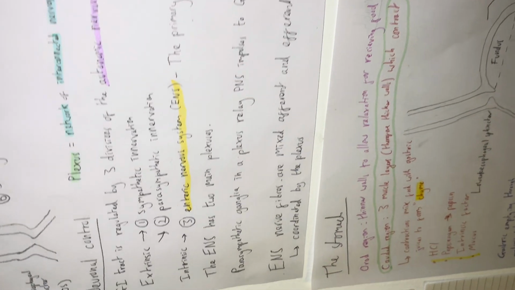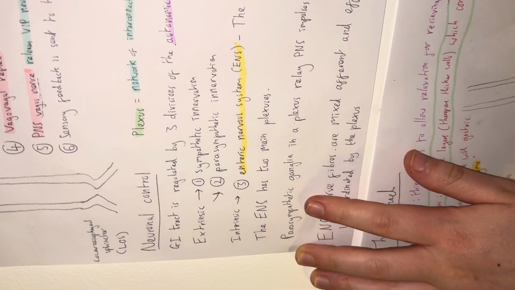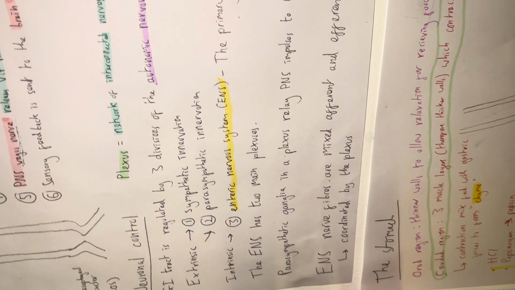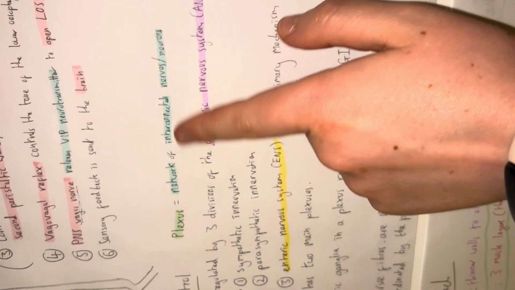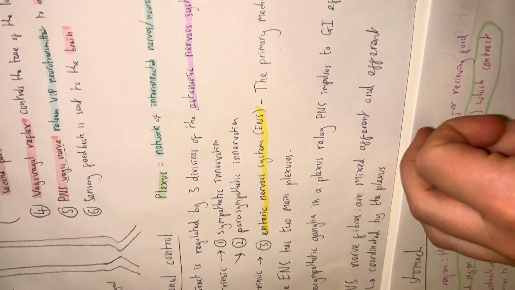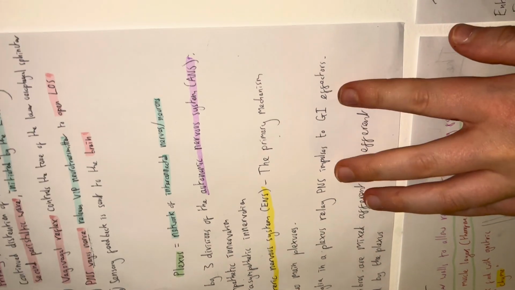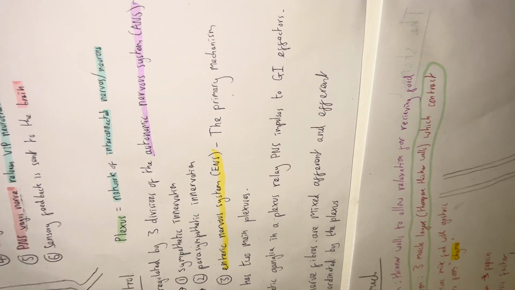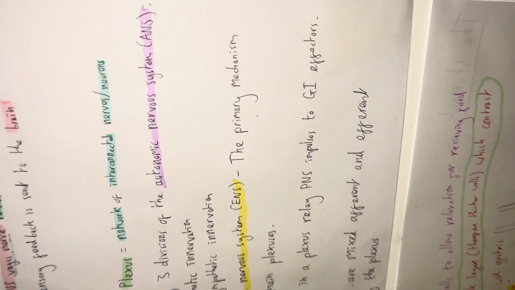So basically what this means is that parasympathetic ganglia, so rest and digest ganglia in the interconnected nerves and neurons, they relay rest and digest impulses to effectors. So basically it sends information from the autonomic nervous system to the gastrointestinal tract.